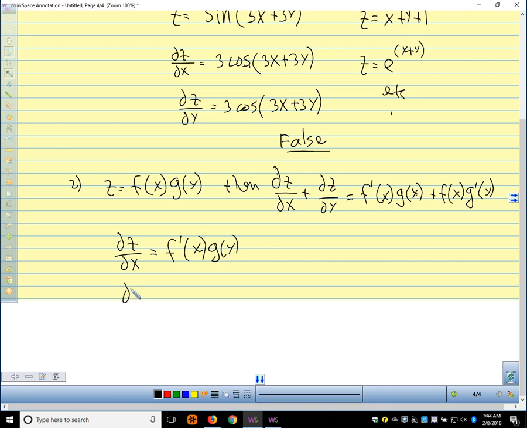And dz dy, f of x is just a constant. So you just do like normal. f of x is a constant with respect to y. g of y is a constant with respect to x. True. So this is true.